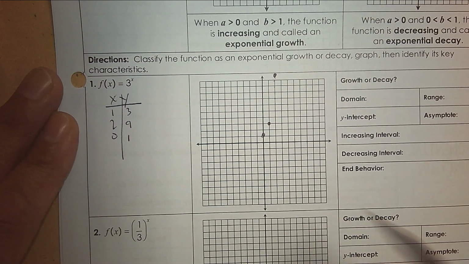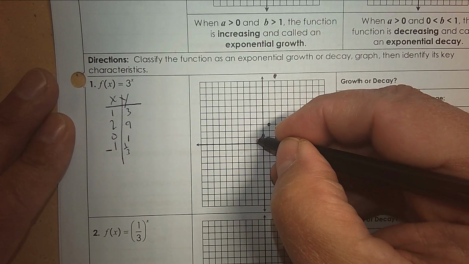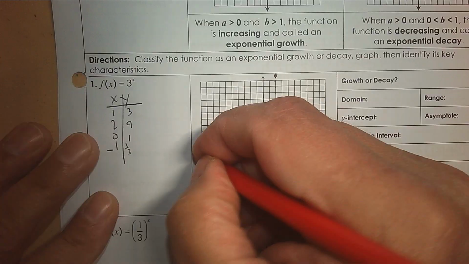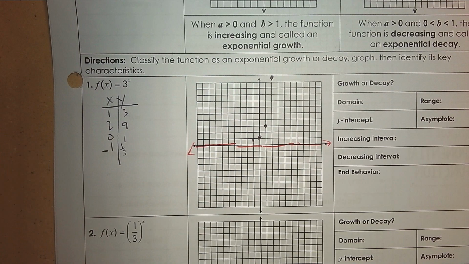And I could also put in -1. That would give me a third. And then it would just kind of get silly. Where is the asymptote again? 0. So still all answers are positive.